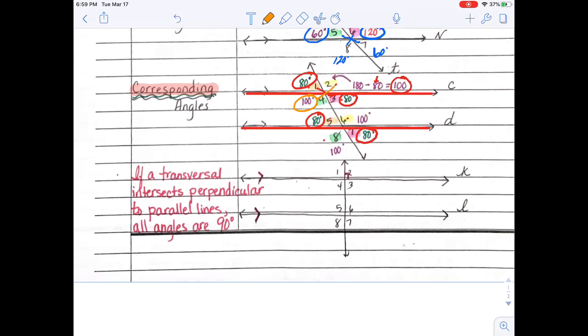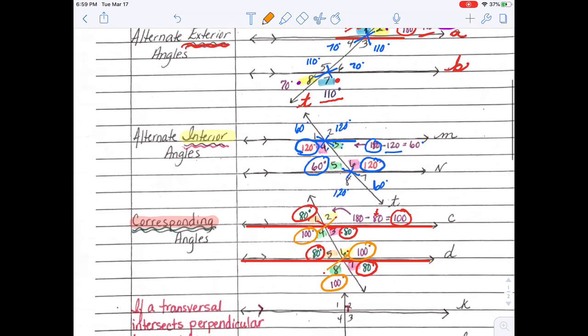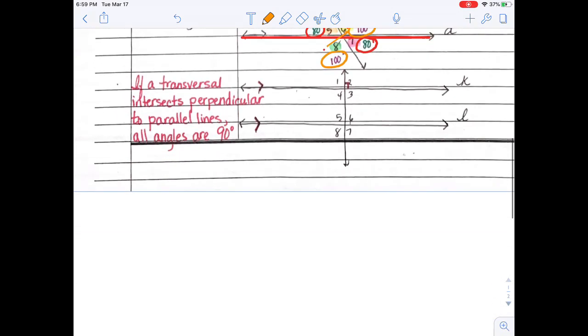You also know 4 sits on top of 8, so that has to be 100. And then you've got another vertical angle here, meaning it's got to be 100. So you can use either one of those. All 3 of those you can actually use to find all the missing angles.